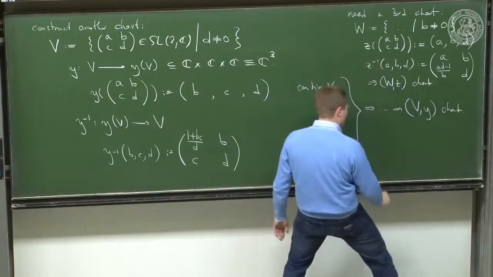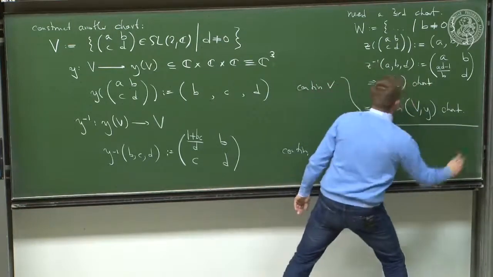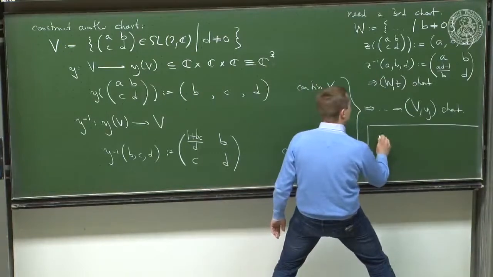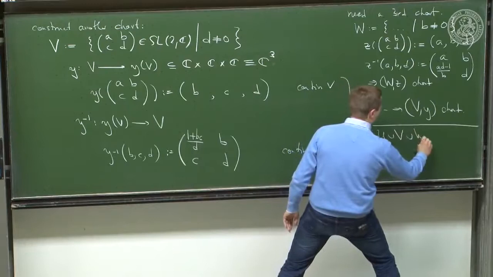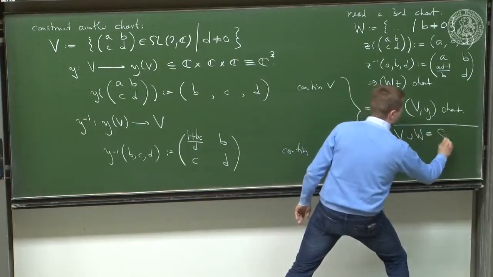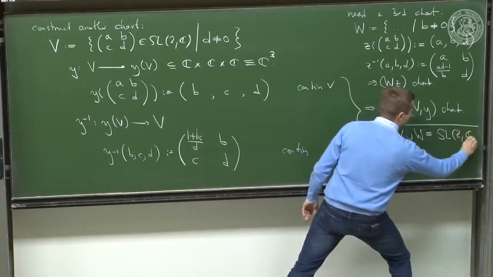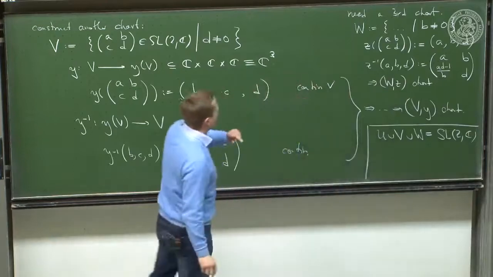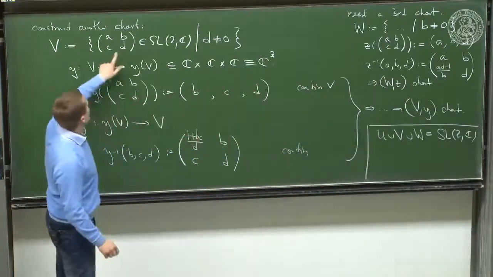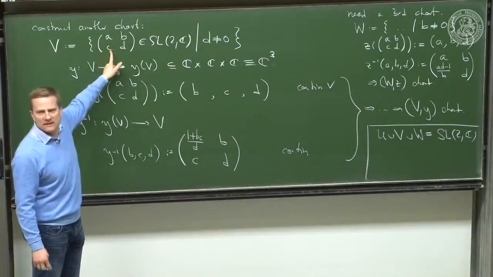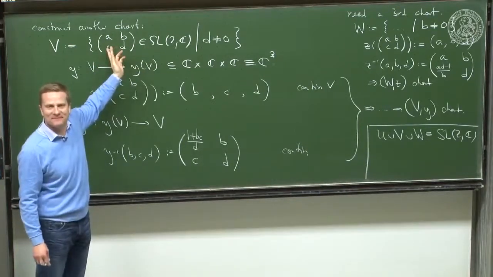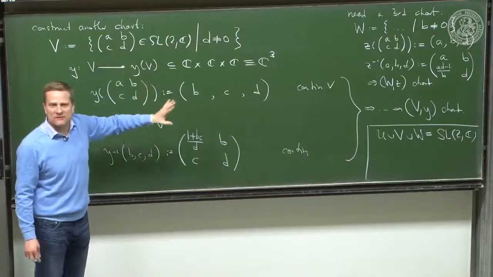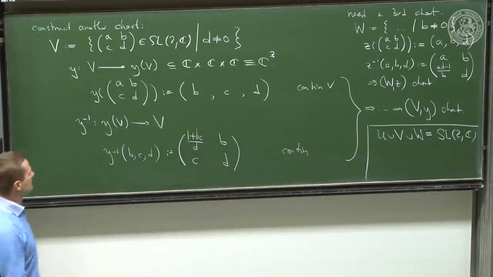The overall result of this little subsection is that the union of U, V and W certainly covers SL2C, because the only point not covered is where all four are 0, but that doesn't have determinant 1. So these three charts cover.